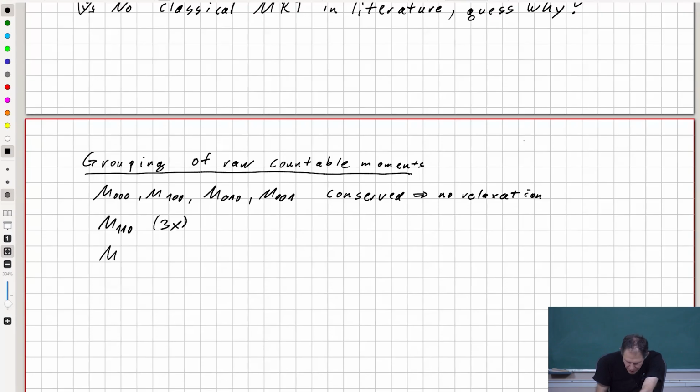And then we have M200 minus M020 and M200 minus M002. This looks a little bit asymmetric, but it actually isn't. So these are the 5 hydrodynamic non-conserved moments.